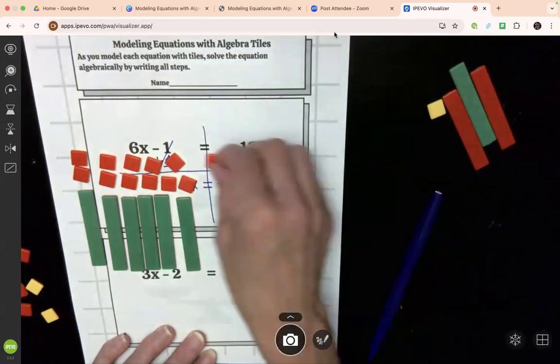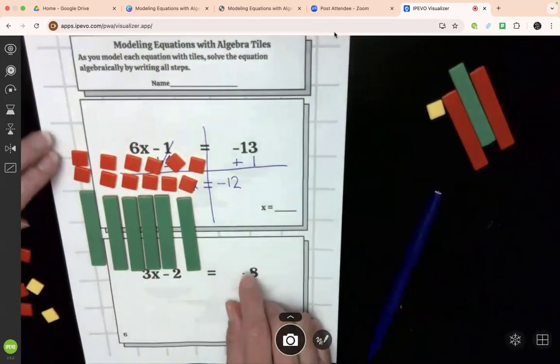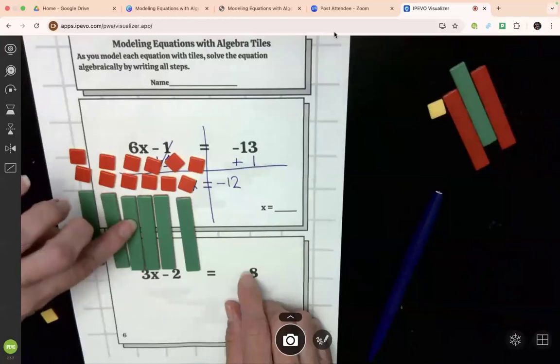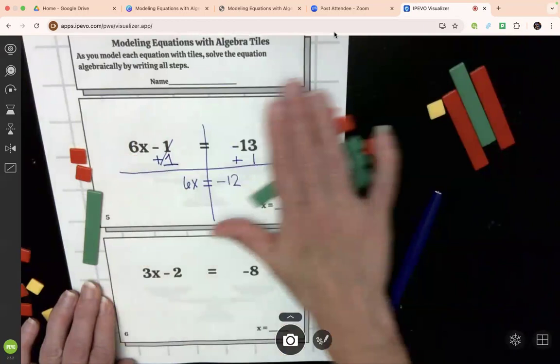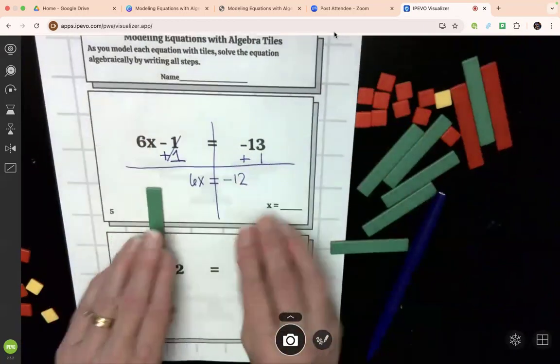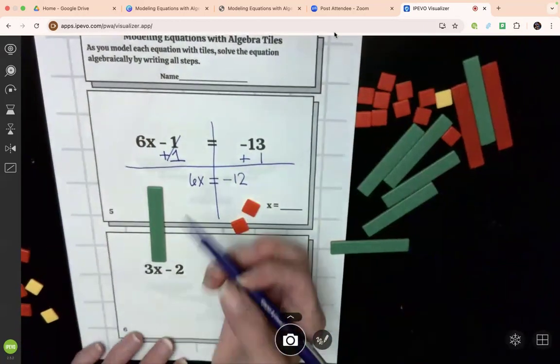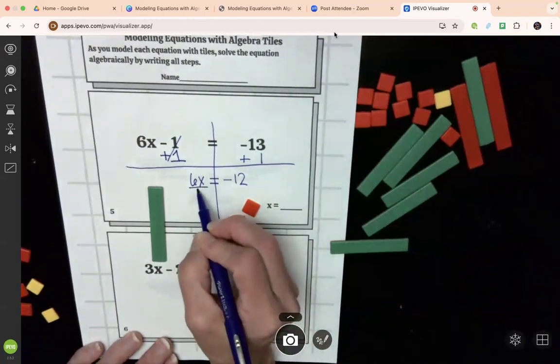So it looks like 1x has a value of -2. I was able to share out -2 with each of my x's. So 1x equals -2.